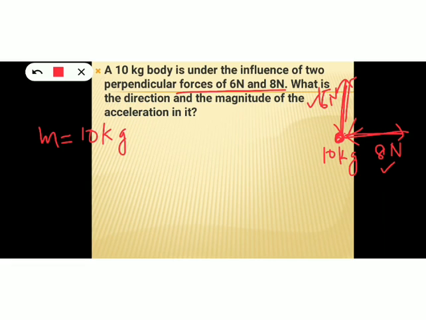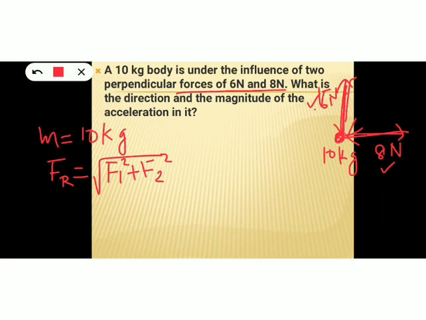And you know force is a vector. So whenever two vectors are acting in the perpendicular directions, we can find out the resultant force using this expression. That means the F resultant is equal to square root of F1 square plus F2 square.